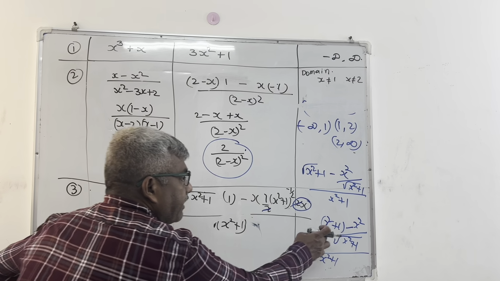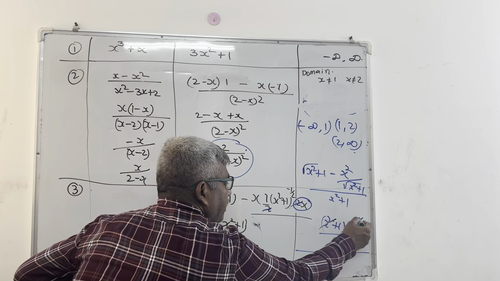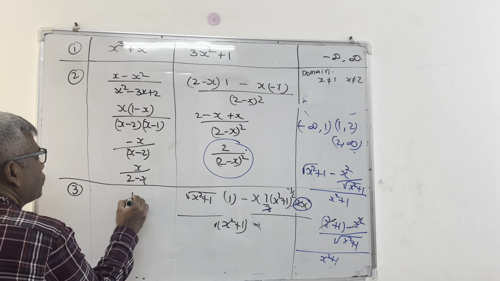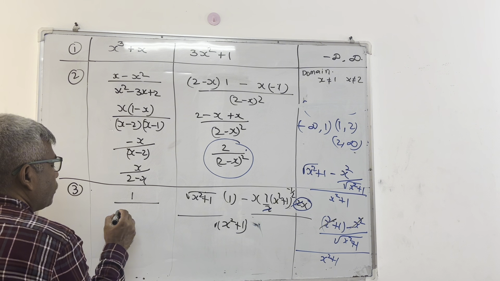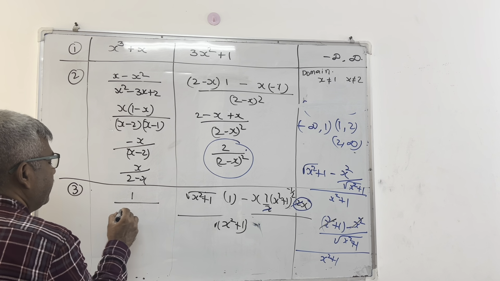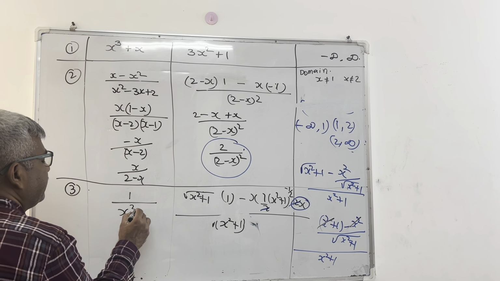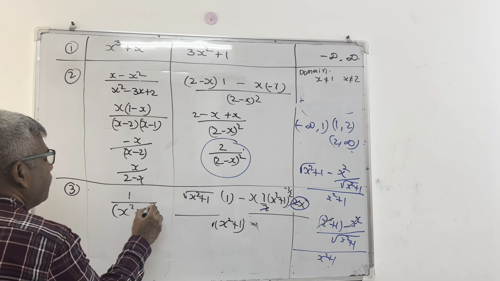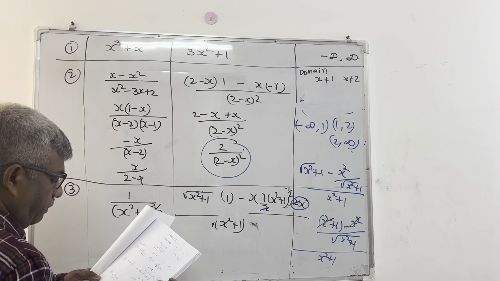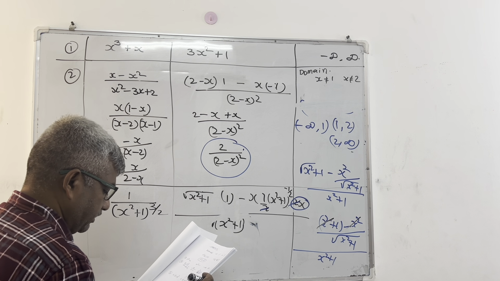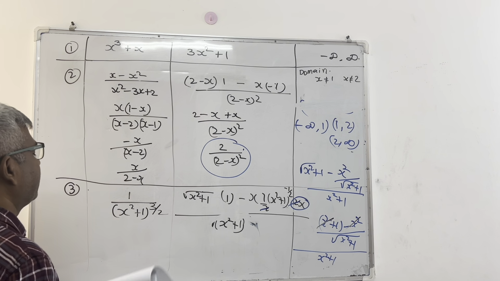This x squared plus 1 minus x squared, the x squared minus x squared will be cancelled. So 1 over square root of x squared plus 1, coming into the denominator, gives 1 over square root of x squared plus 1 to the power 3 by 2.